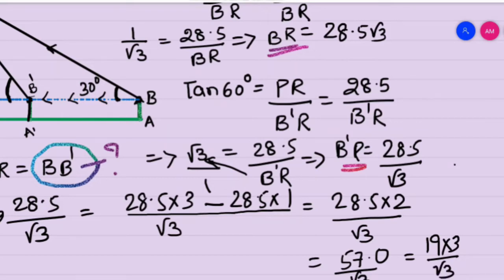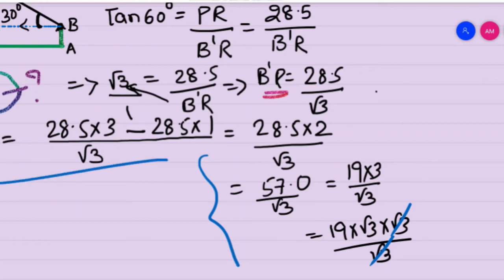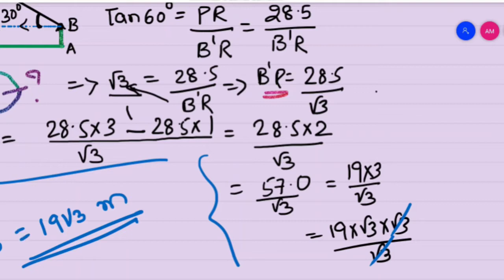Now when you factorize 3, you will get 19 into root 3 divided by root 3. So you can cancel root 3 and you will be left with 19 root 3, and that will be in meters. Now what is the value? What is 19 root 3? It is B dash B. B dash B is equal to 19 root 3 meters.